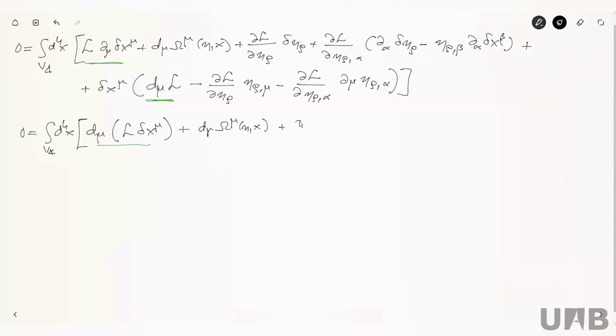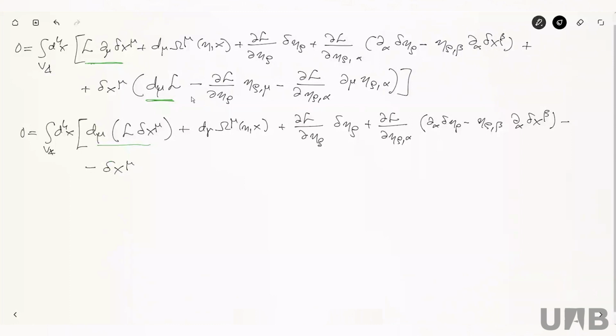And we keep on going, plus dL d eta rho, delta eta rho, so that's this guy, plus derivative of L with respect to eta rho comma alpha, delta alpha delta eta rho, minus eta rho comma beta, delta alpha delta derivative alpha delta x beta, minus delta x mu.